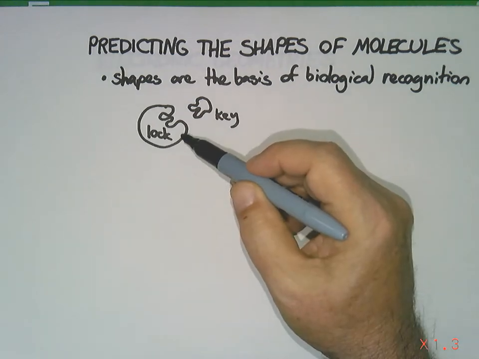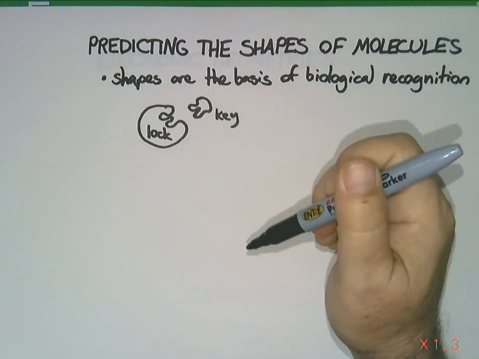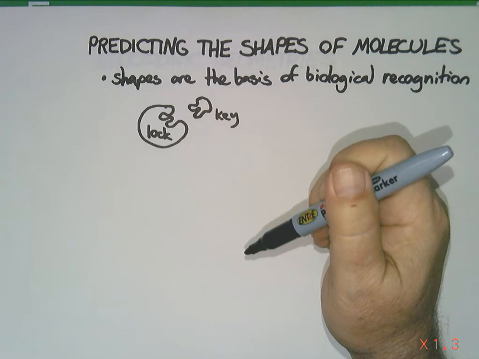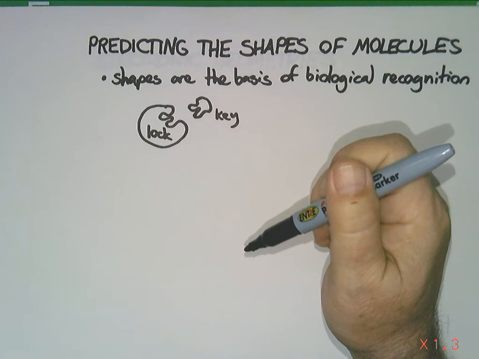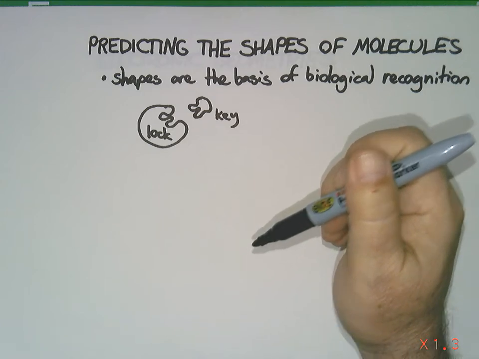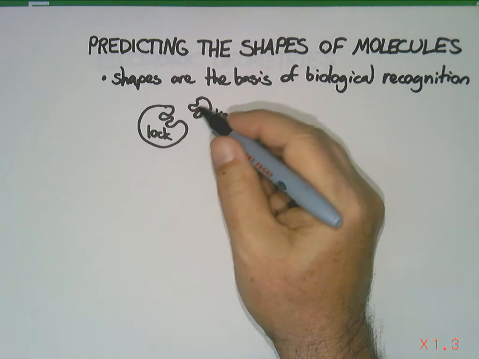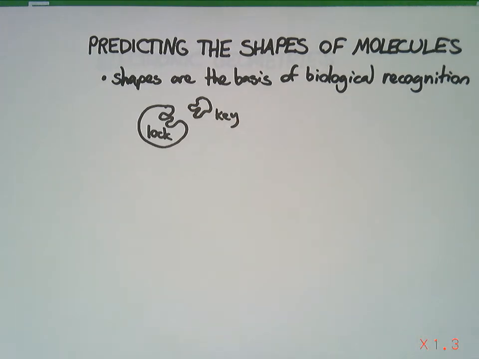If with an enzyme, a key can come in and fit into the lock and cause a chemical reaction to occur. A reaction that would not occur without the enzyme, without this lock and key mechanism working.